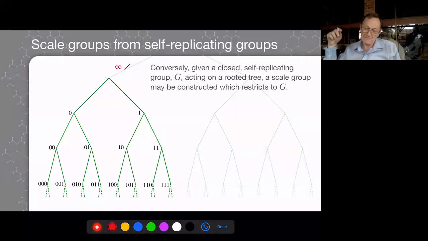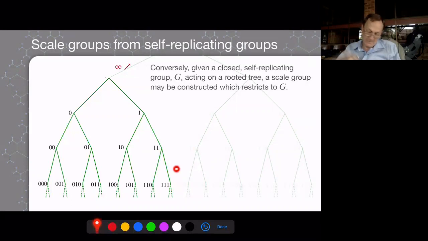Let's see. So now we start with a self-replicating group acting on some rooted tree. But now just ignore this pale tree over here. We just have a rooted tree and a self-replicating group acting on it.